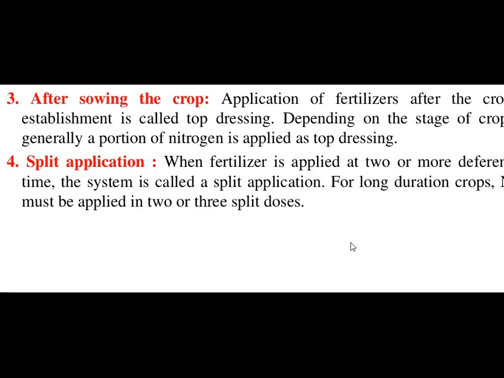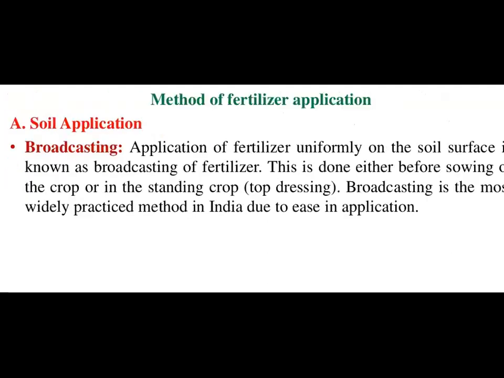One-third dose is applied at the time of sowing. Then number four, that is known as split application. When fertilizer is applied at two or more different times, the system is called split application. It is applicable for nitrogen, and it can be applied in three split applications. Okay, next.